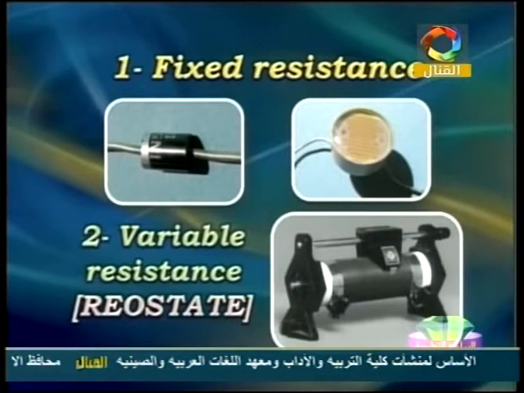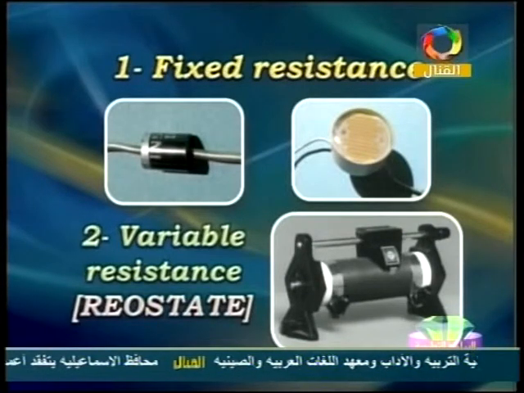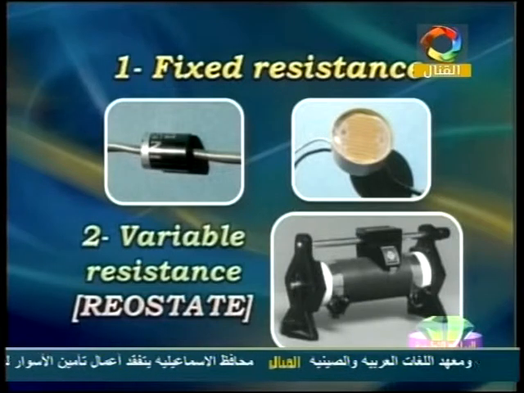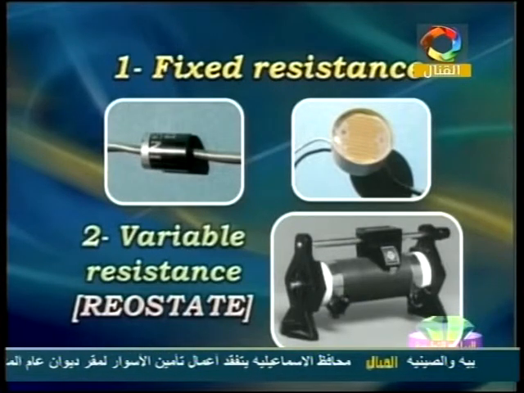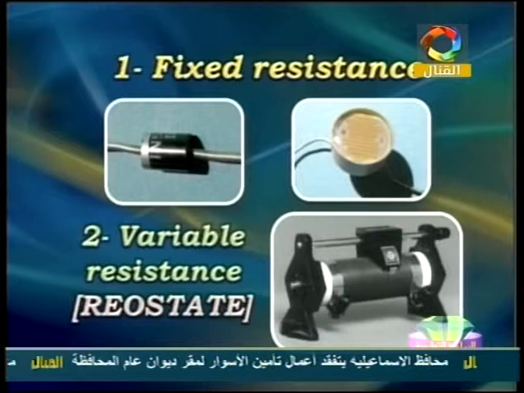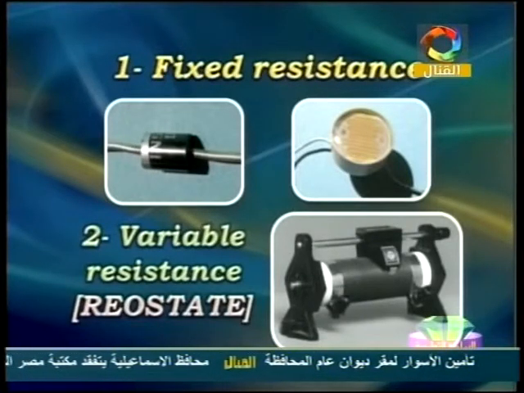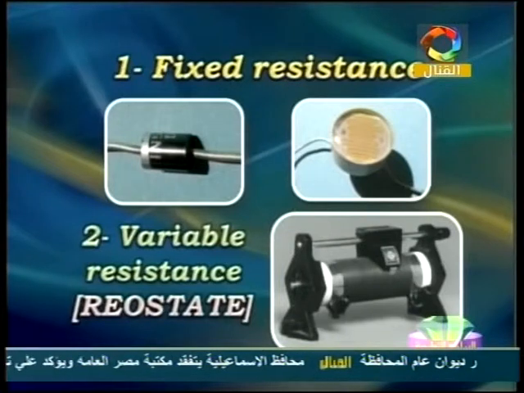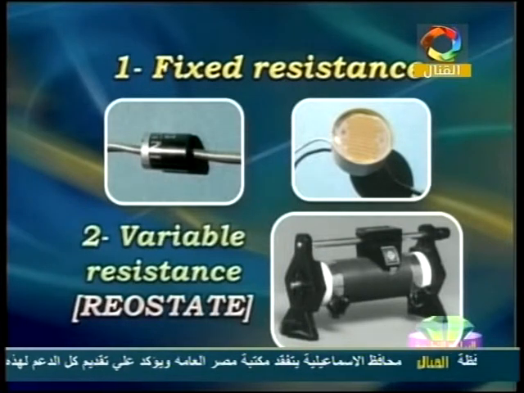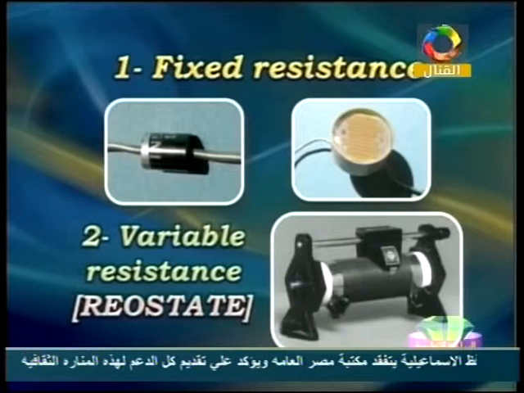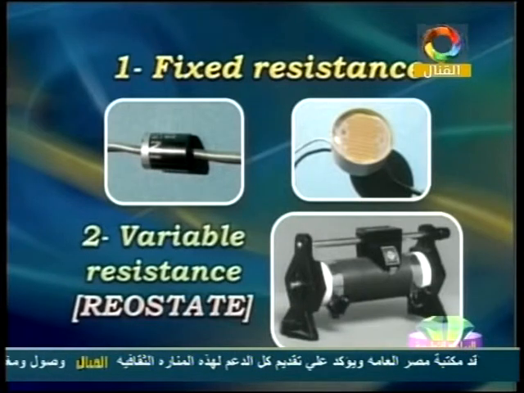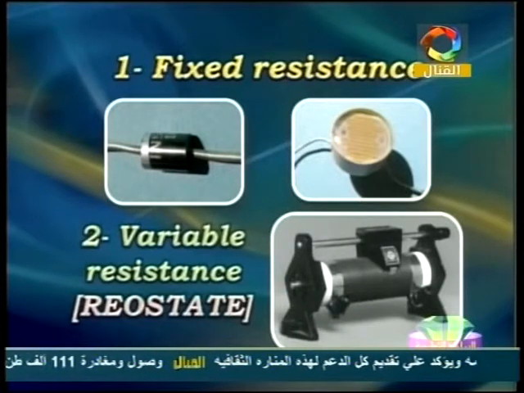This is a resistance found in our school lab. So this resistance is very important to control the electric current intensity and to control the potential difference of each part of the electric circuit. So here we have two types of resistance: fixed resistance, and variable resistance, or rheostat.